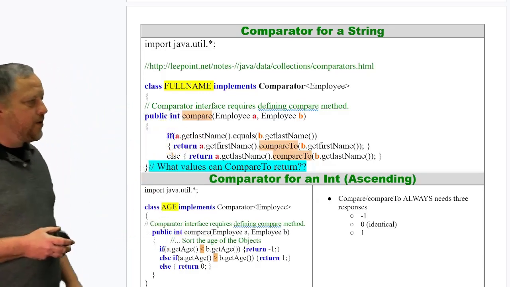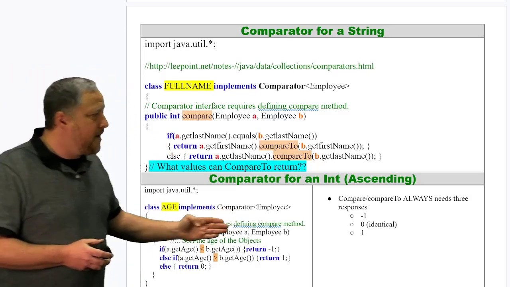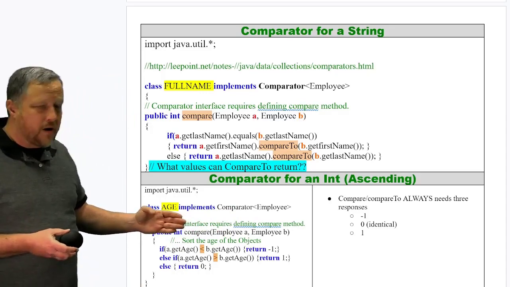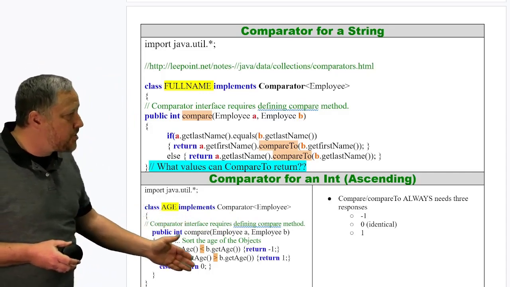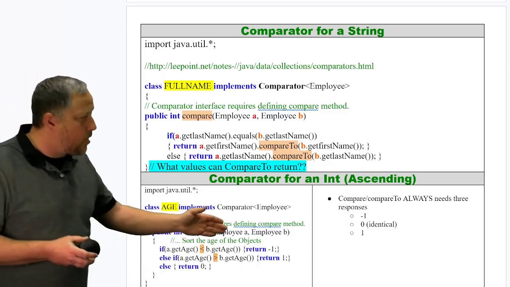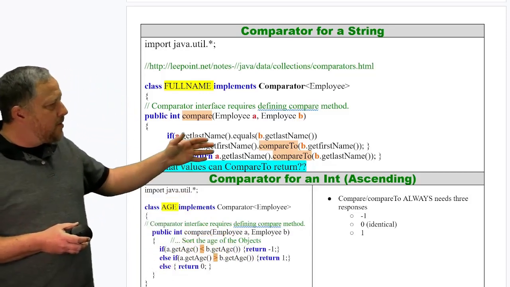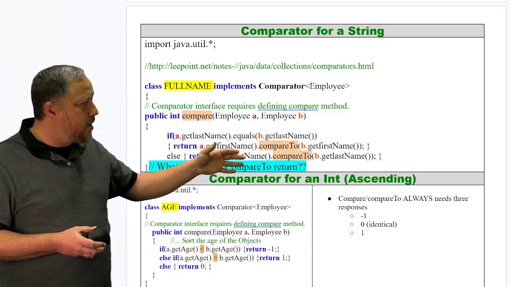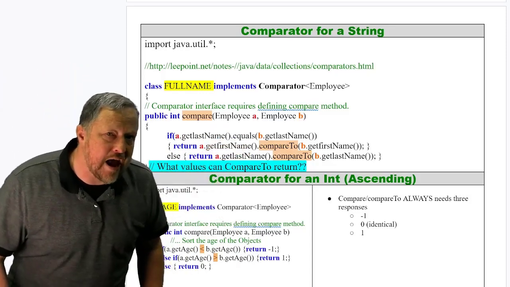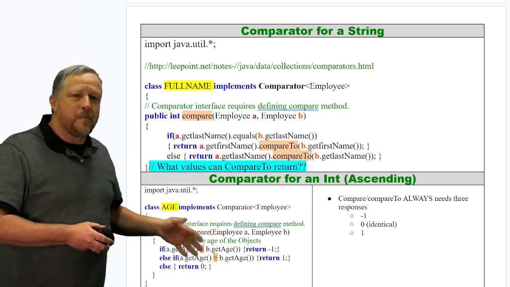And that's why I give you another one down below, because this one still works with employee. It's called something different, and frankly, it makes sense what it's doing here. I'm doing an age, and it is just comparing the ages. But notice again, there's my if, else to return my -1, 1, and 0. Now, why don't I need the -1, 1s, and 0s in the string version? Because the compare to functions for strings already do that. That's the only reason why I had to really spell it out for numeric values.